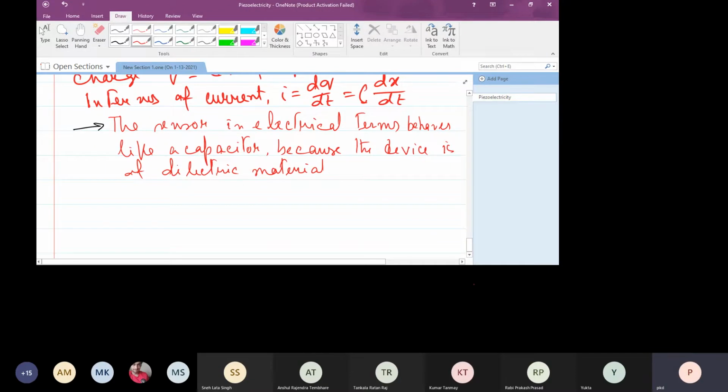So if we assume this capacitance to be, let this be Cn, now for measurement purpose the electrodes are connected via a cable.